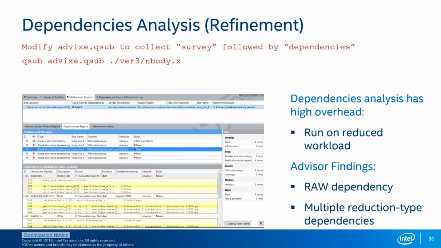In order to run the dependency analysis, again, we modify the amplxe.qsub script to collect survey followed by dependencies. We run the analysis. We open the result and see that advisor does indeed confirm a read after write dependency.